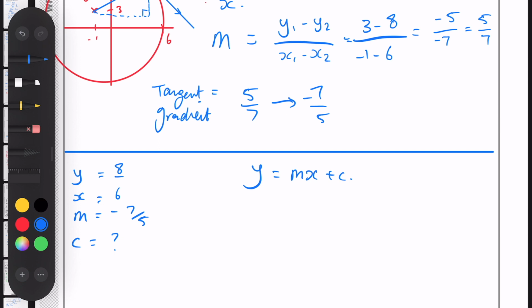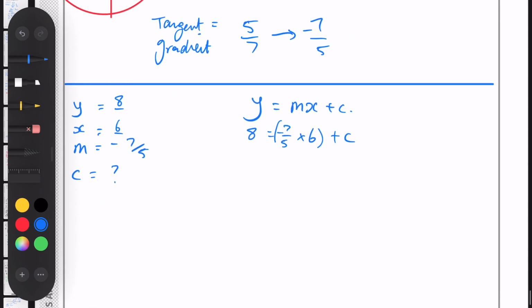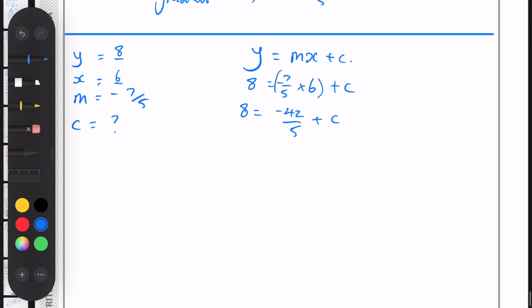We just put everything in, so 8 for y and 6 for x. And then we're going to times it by -7/5. And then we're going to work out where it goes through our y-axis intercept. Right, so 8 equals -42/5 plus c.